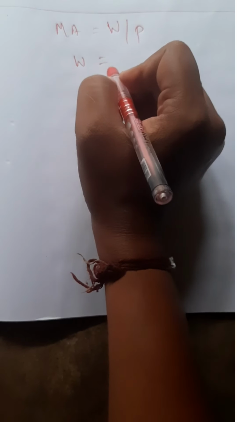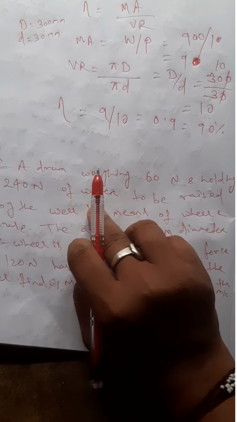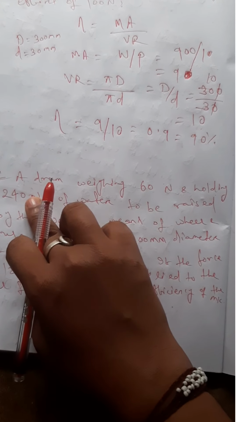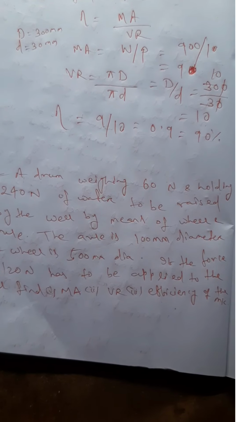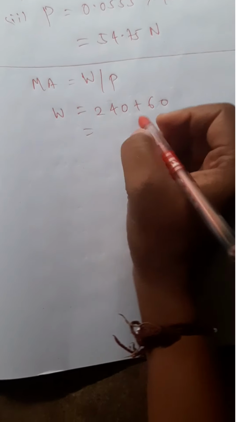So what is the value of W? Here it is mentioned that a drum of 60 Newton is holding 240 Newton of water. So the total weight to be lifted is the drum plus the water, 240 plus 60, that is 300 Newton.